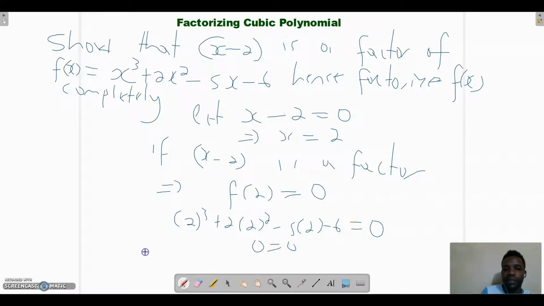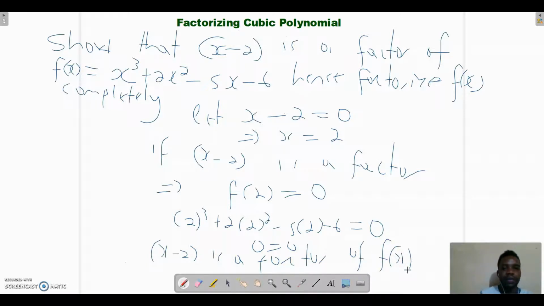So therefore, x minus 2 is a factor of f of x. That is just one way to look at it, as they could give you that as a part A to this particular question, or they could have given you the factor in some other ways. So we have proven that x minus 2 is a factor.